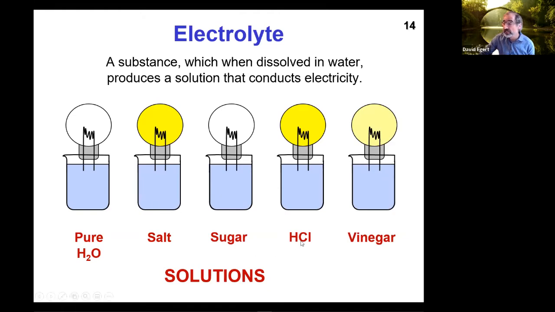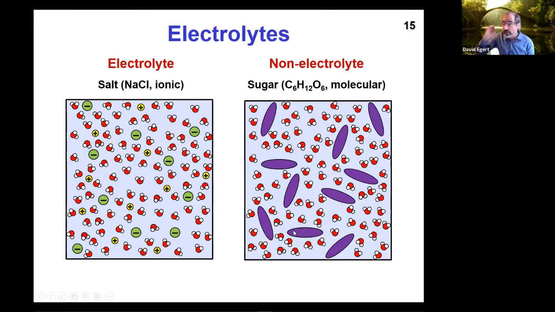You know, HCl also dissociates into H plus and Cl minus. So this is kind of showing this difference here. When you dissolve an electrolyte, the salt, NaCl, breaks apart. We have individual pluses, individual minuses, anions, cations in solution free, doing their thing.